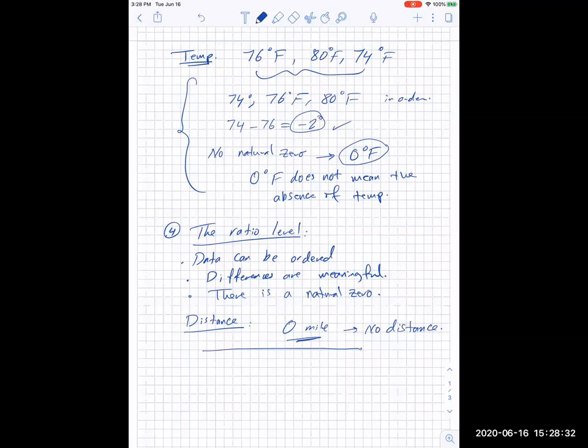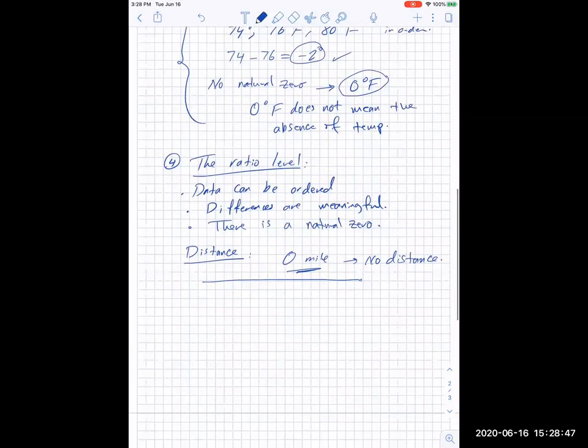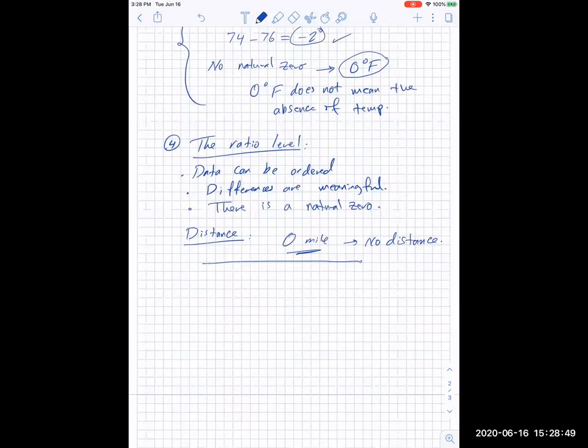So heights, lengths, distances, all these types of measurements are considered a ratio level. Okay. All right. Any questions?